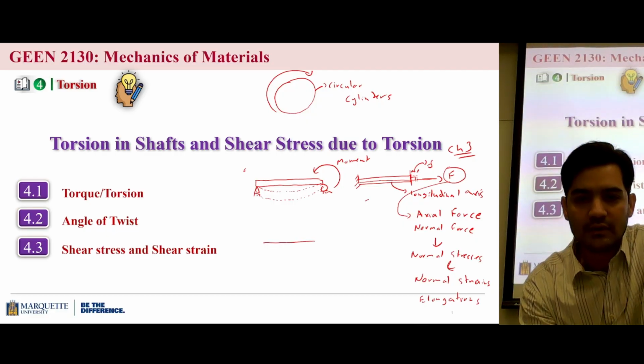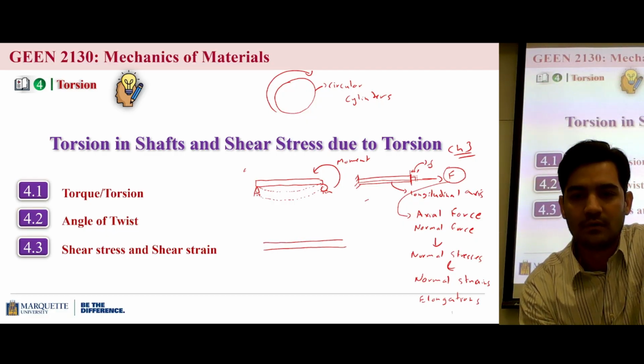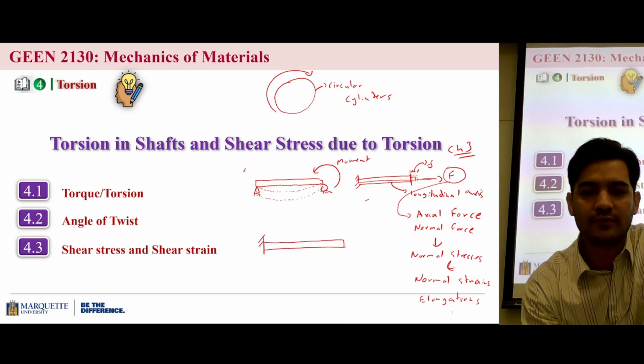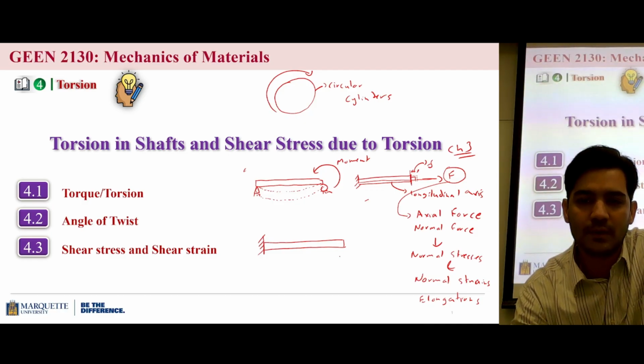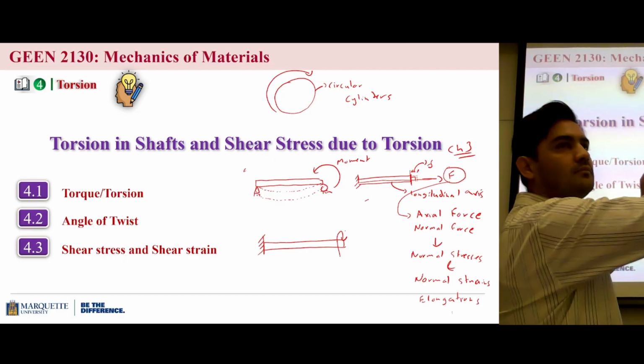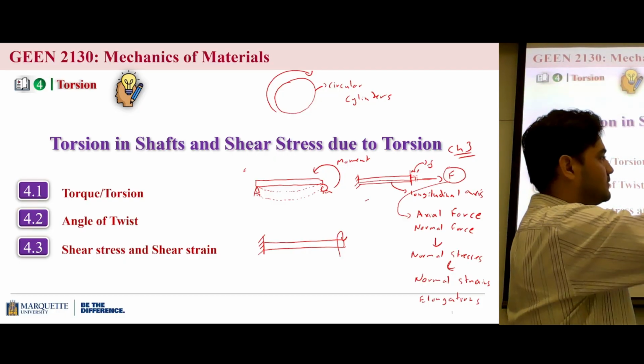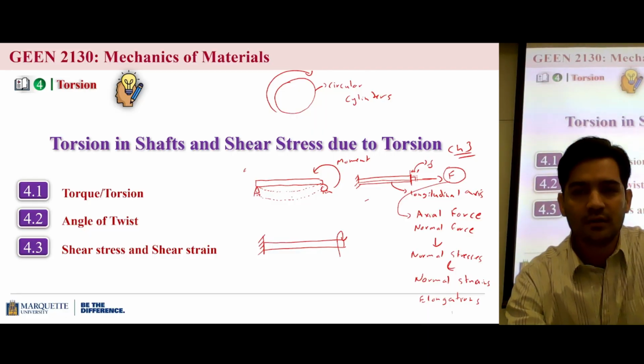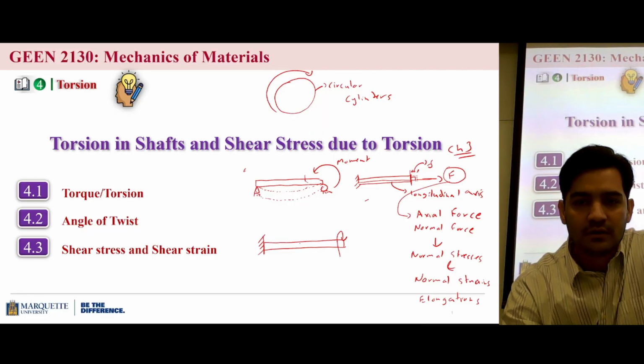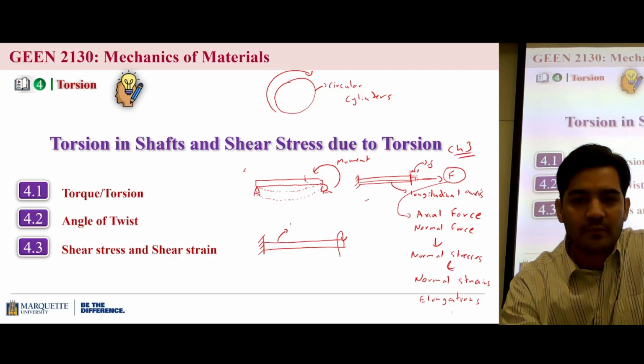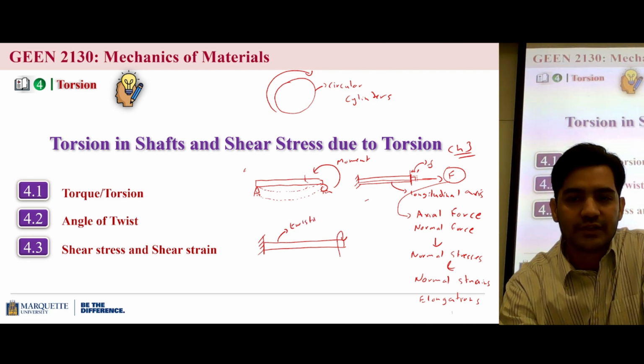And I can give you another example. So if you have a member and if you apply a moment in another direction, this moment will actually change the shape of the member in terms of twisting.